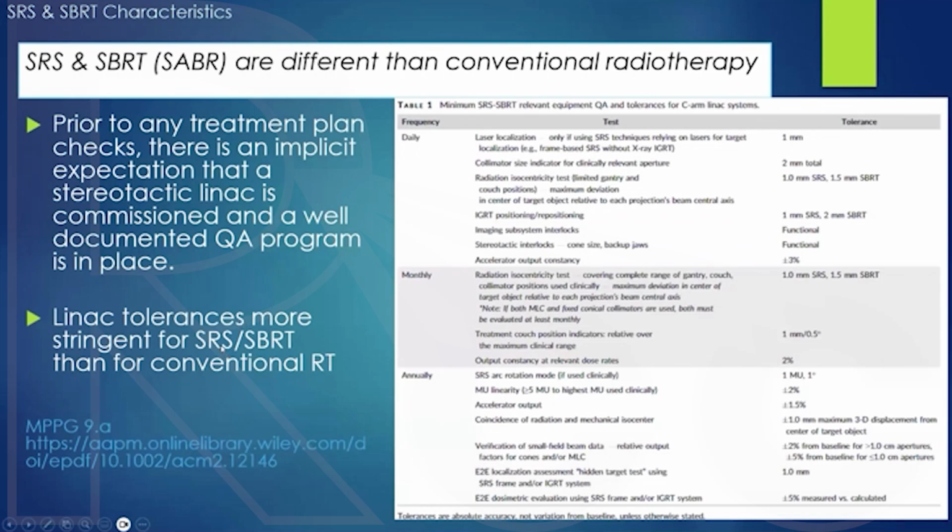LINAC tolerances are more stringent for SRS and SBRT as compared to conventional RT. Again, you can reference some of these requirements in the MPPG 9A report.